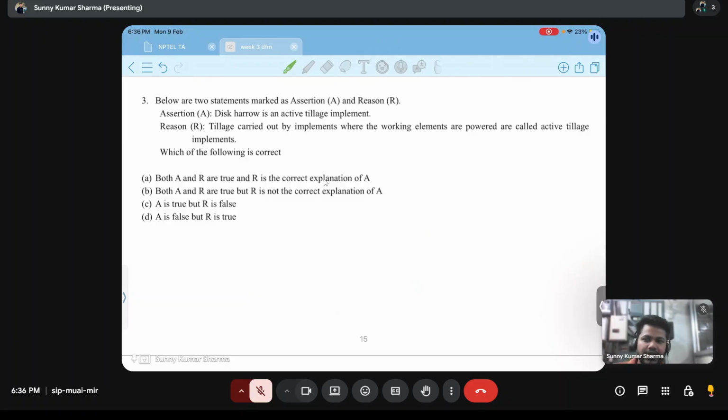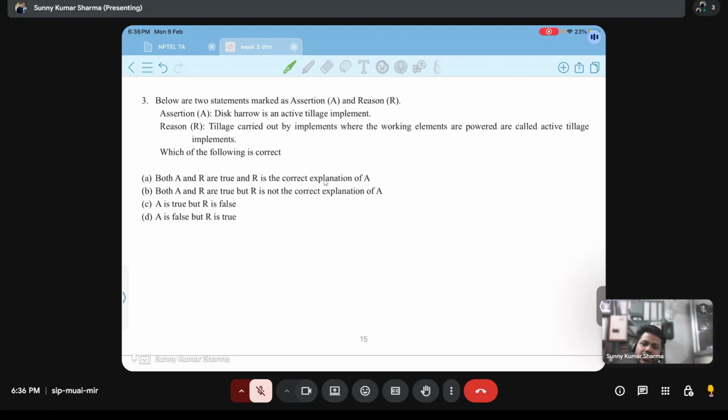Now question 3 is again assertion and reason. Below are two statements marked as assertion and reason. Assertion: disk harrow is an active tillage implement. Reason: tillage carried out by implements where the working elements are powered are called active tillage implements. Now we have discussed in the first class that an active tillage implement is something where the working element is powered by the tractor, and passive tillage is something where the working element doesn't get power from the tractor drive.